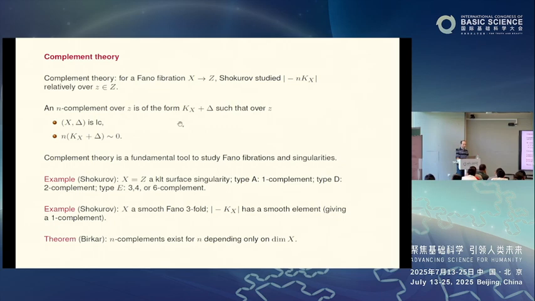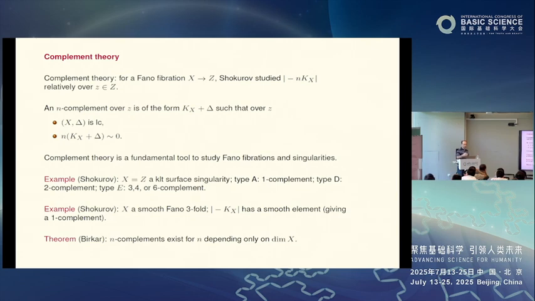So an n-complement is of the form K plus delta, such that X, delta must have good singularities. We don't want a completely random guy. Secondly, it must come from this minus nK, and that just means n times (K plus delta) should be linearly trivial. That just means n delta is in minus nK. So I am looking at the minus nK system. And the question is how large you should take n in order to get something non-trivial about this situation.